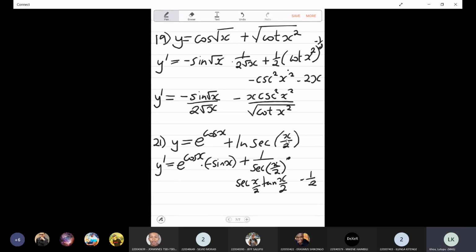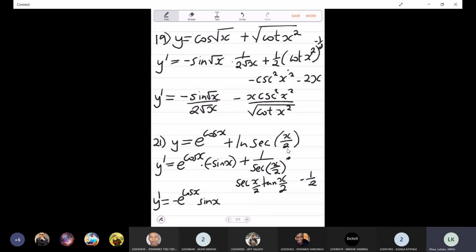Okay, so then simplify as far as possible. So we have our y prime. This is negative, you write the e first, negative e to the power of cos x sine of x.